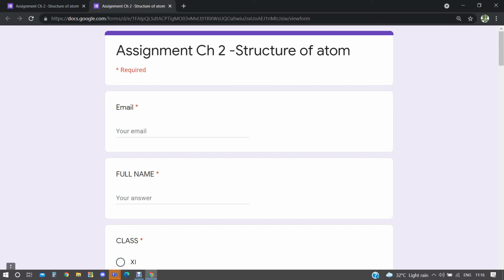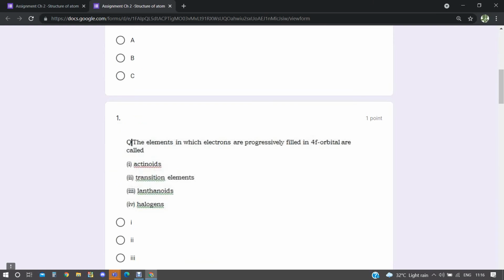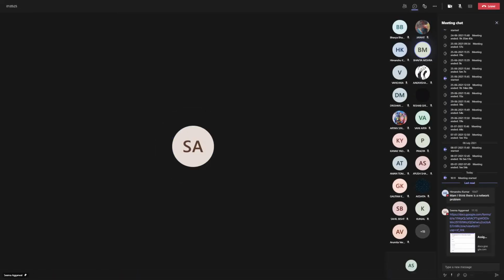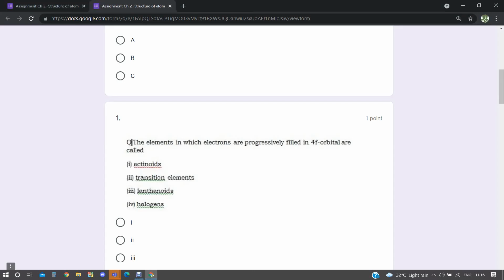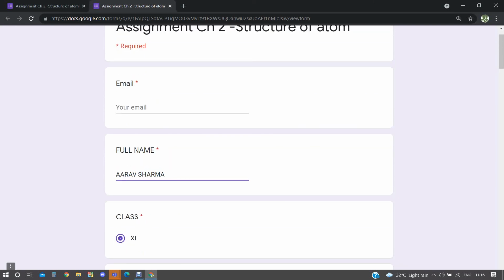Can anyone read the first question? The elements in which electrons are progressively filled in 4f orbital are called. We have just done this, 4f means lanthanoids. Okay, question number two.